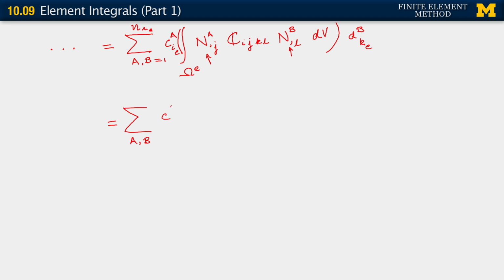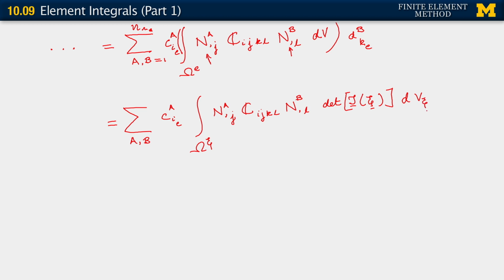We get here C A I E, integral over omega C, that's our parent domain, N A comma J, C I J K L, N B comma L. Now just as before, dV can be written as the determinant of the Jacobian of the mapping, dV sub C.